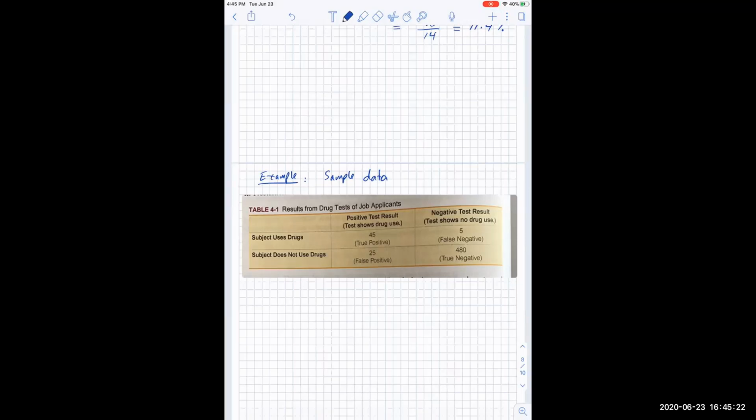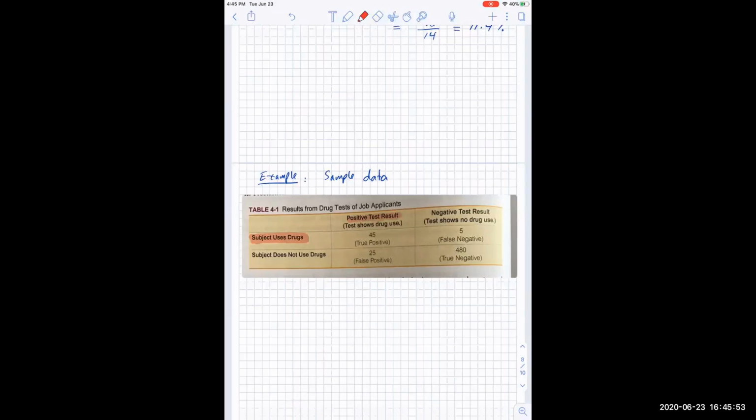Okay, and these are results from drug tests of job applicants. If you look at the categories here, this category says that the subject uses drugs, and the test was positive.